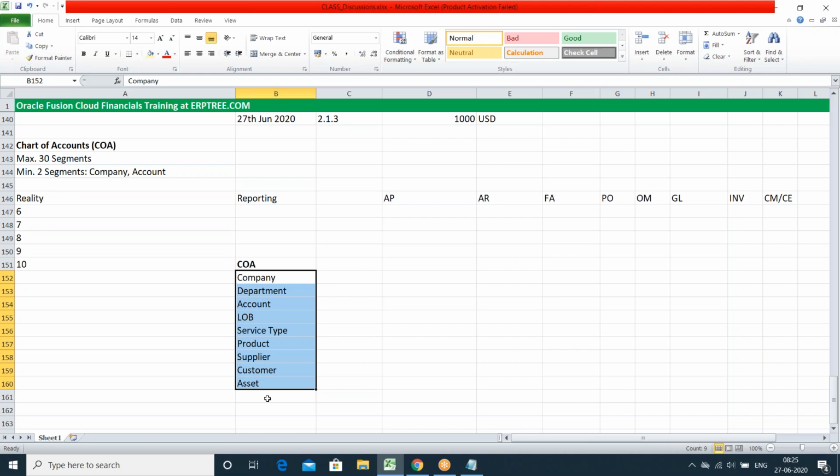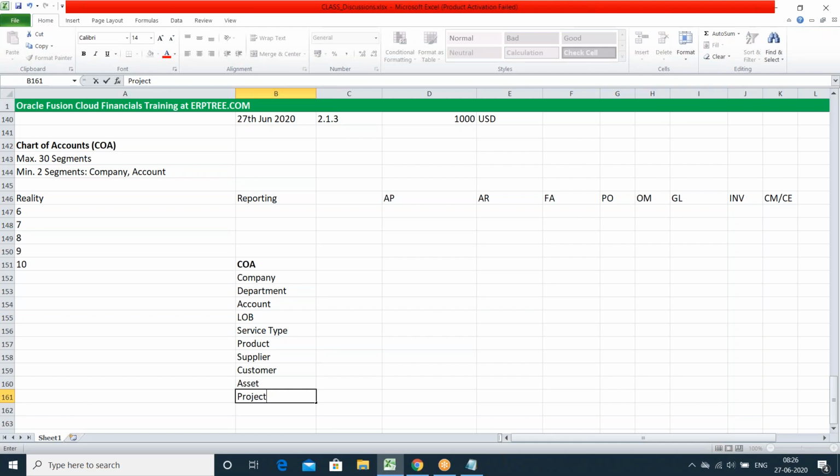Whatever they are spending, whatever revenue they are generating, if they want to tag it with the project, they have to have one more segment called project. Say we finalized 9 segments, the company started using them, and they started working with projects. They are doing projects for their clients. In that case, they want to capture which project each recorded transaction belongs to. That means they got a new segment requirement.